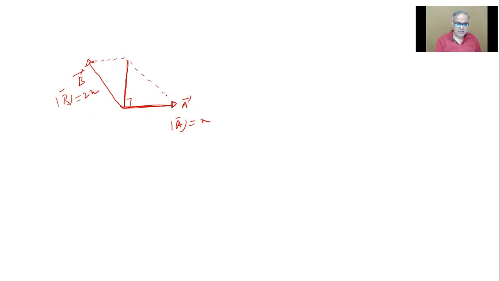The resultant makes an angle alpha with A, we set. This is the resultant, A plus B. If it is making an alpha with A, the formula is tan alpha equals mod B sine theta, where theta is the angle between the two vectors, by mod A plus mod B cos theta.